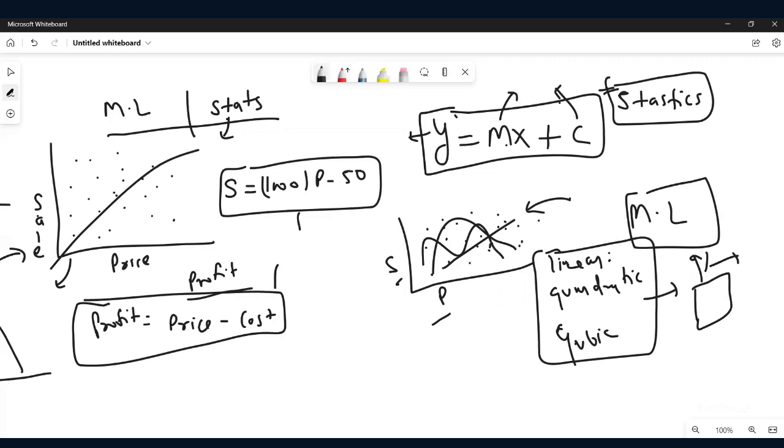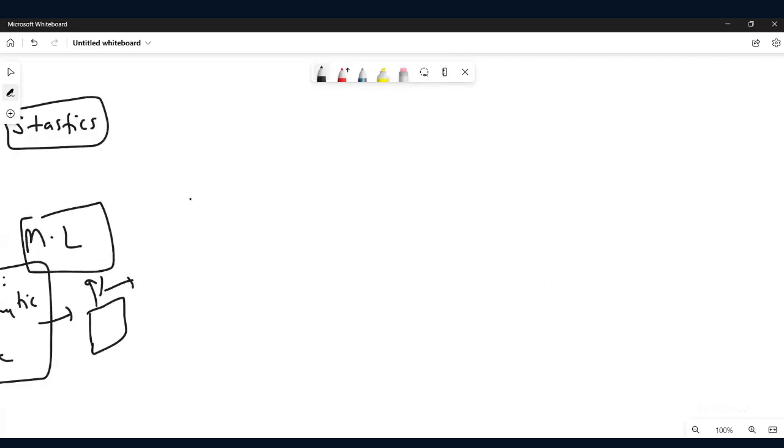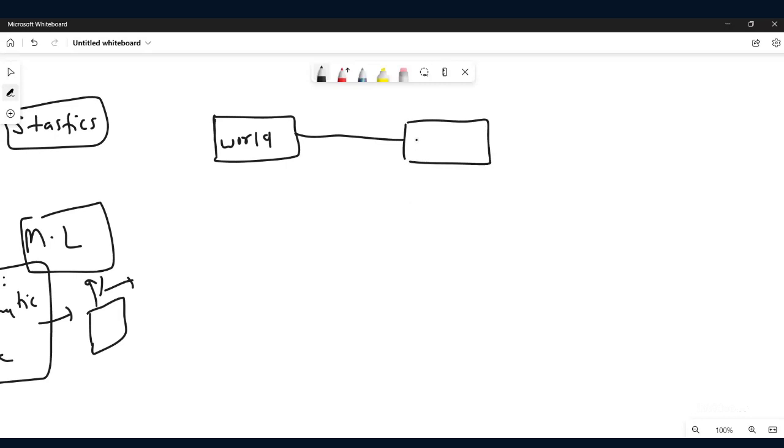Okay guys, so let's summarize everything. This is our world. We learn from this world. How do we learn? We get input data, we get observations.